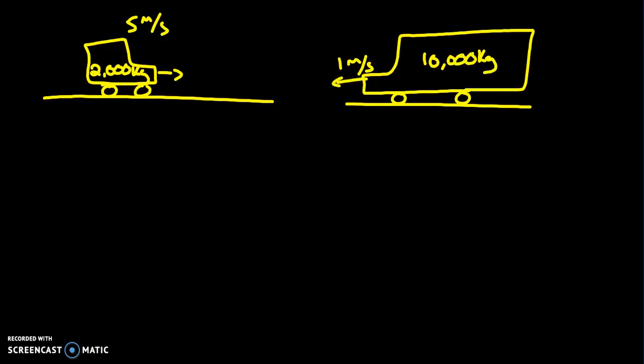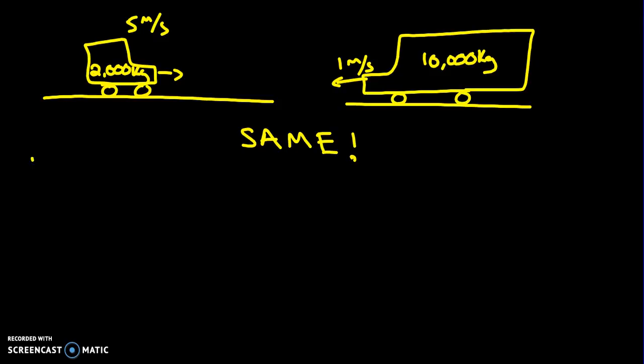If we wanted to figure out which one had more momentum, they would be the same. And so kind of a nice takeaway from this is that two objects that have unequal mass can still have equal momentum as long as the smaller mass is moving fast enough to compensate for the larger mass of the second object.